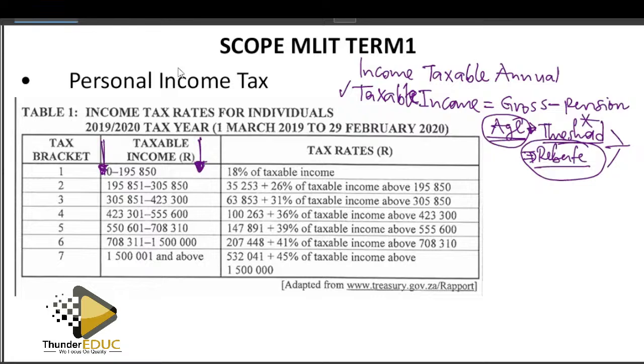If it's equal or below the threshold, then the person does not pay tax. If the person's taxable income is equal to the threshold, they don't pay tax. Or if it's below the threshold, no tax to be paid. Who pays tax is the person whose annual taxable income is above his threshold.